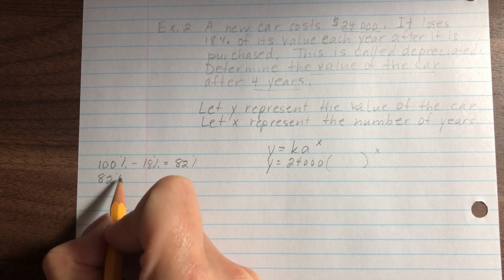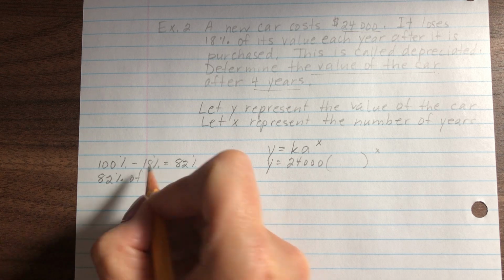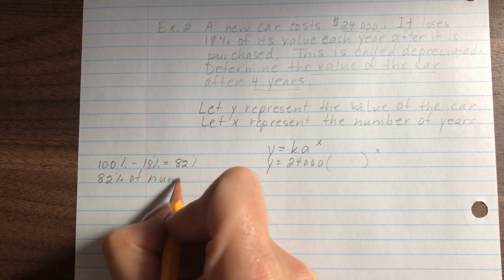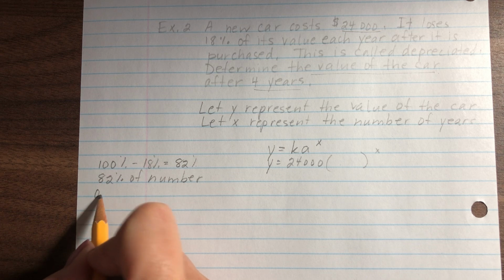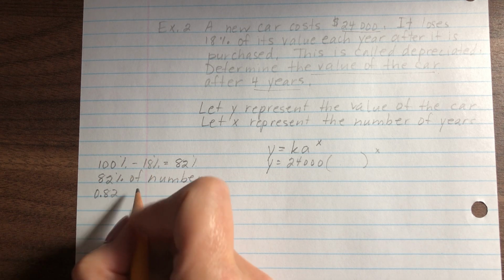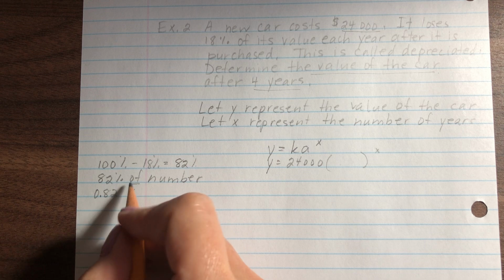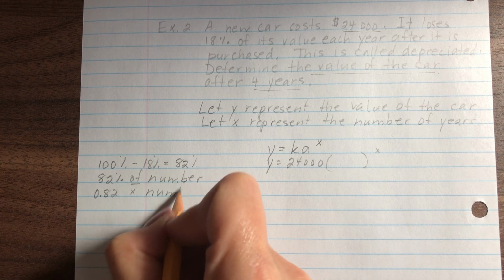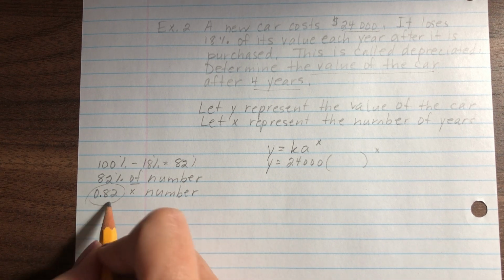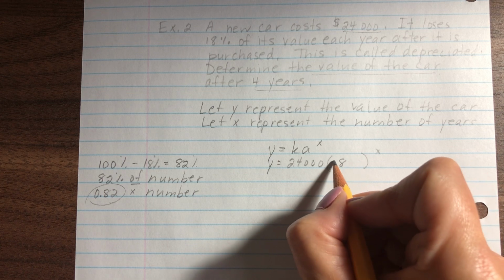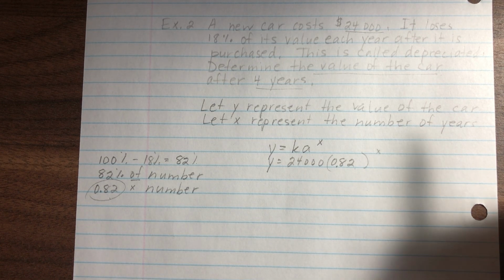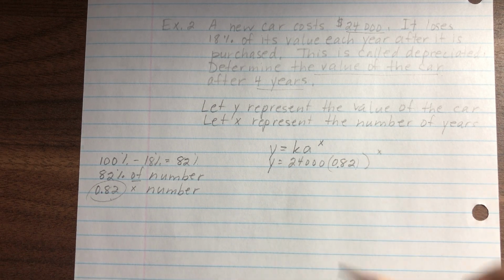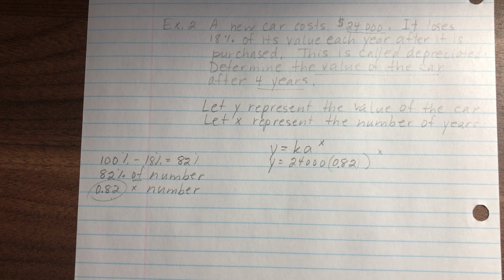So if we're looking for 82% of some number, we would have to divide 82 by 100, since percent means out of 100, and multiply by that number, since of means multiply. So the number that we put inside the brackets here is 0.82. Okay, this is a decay factor since the value is between 0 and 1.